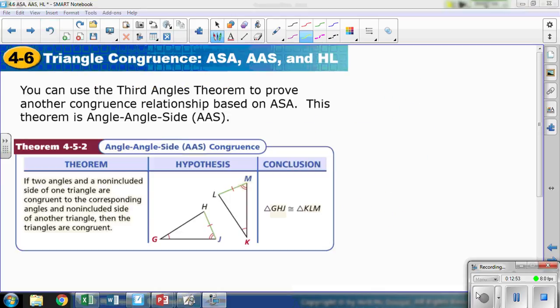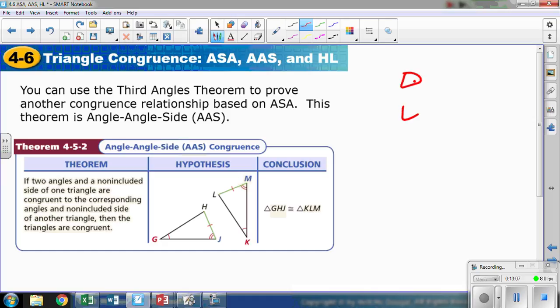And Chance, when we go back to what you were commenting earlier about that third angle, that's exactly what we're going to get here. Our second tool that we will have is the angle angle side theorem. Same way that we had before, we'll have our first pair of angles, a second pair of angles, a first pair of sides, and the order: angle connecting to angle connecting to side.